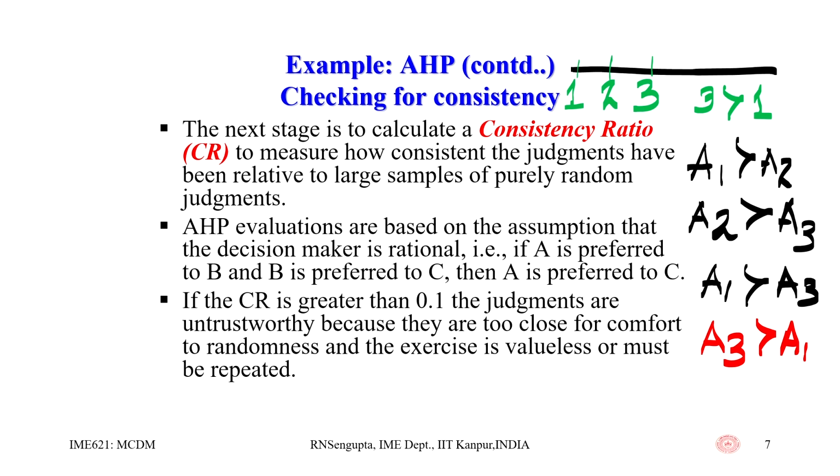So, the next stage is to calculate the consistency ratio to measure how consistent the judgments are relative to a large number of samples of purely random judgments. Now, why does this problem occur? Because if you remember, in all the methods, I will keep repeating the methods, please bear with me, ELECTRE method, TOPSIS, VIKOR and this AHP method also, when we are comparing the alternatives among themselves based on the criteria, or when we are considering the criteria also in the example which we saw, the comparison is only 1:1.